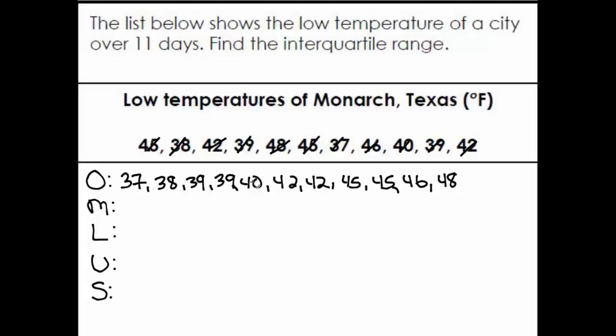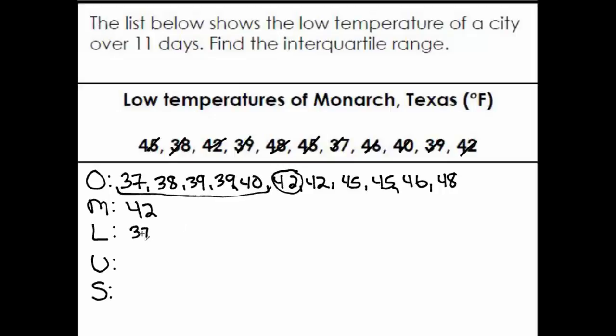Now, let's get our median. Counting our numbers, it looks like we have 11 numbers, which means that our sixth number, which is 42, is our median for M. Now let's find our lower quartile, the median of the lower half of the data.